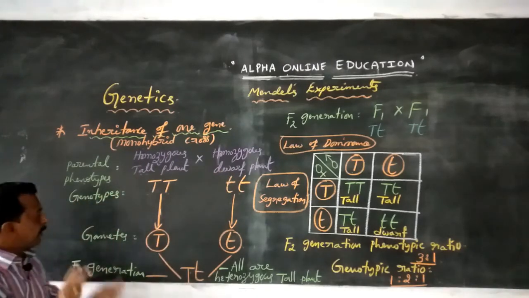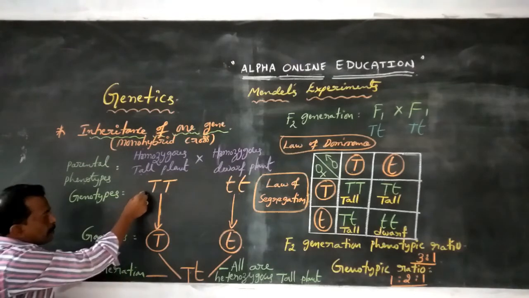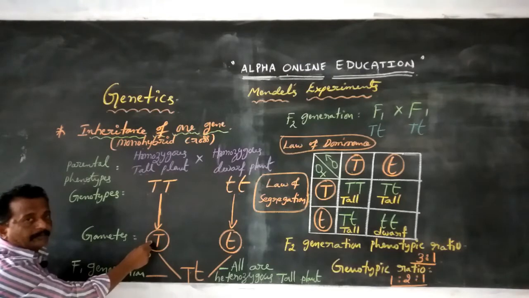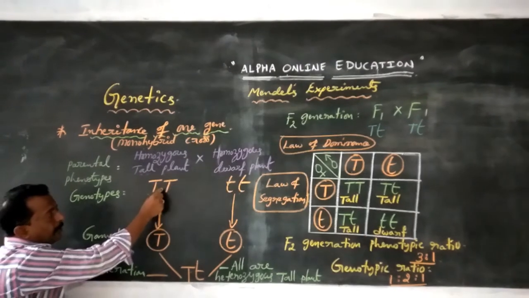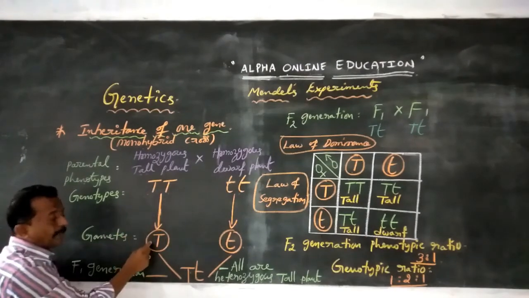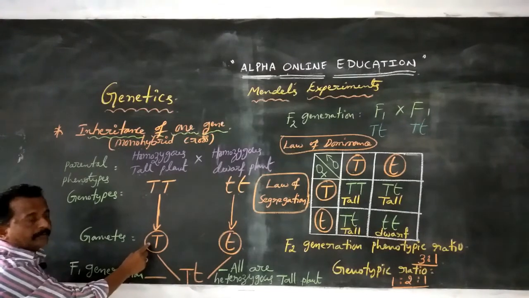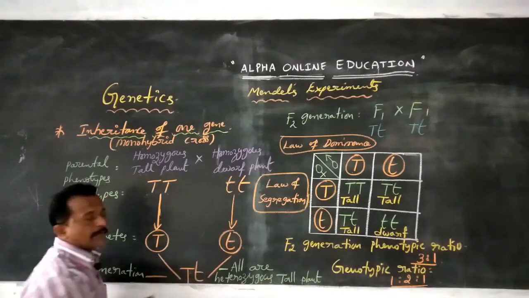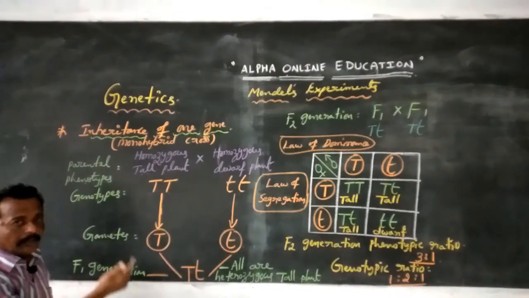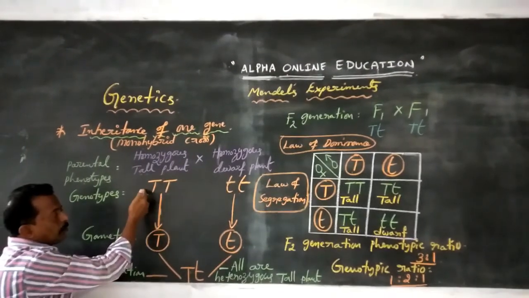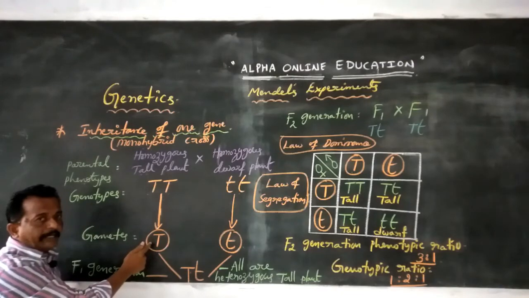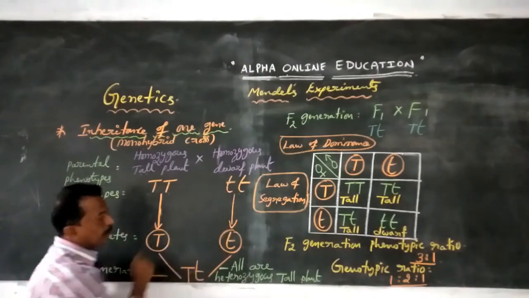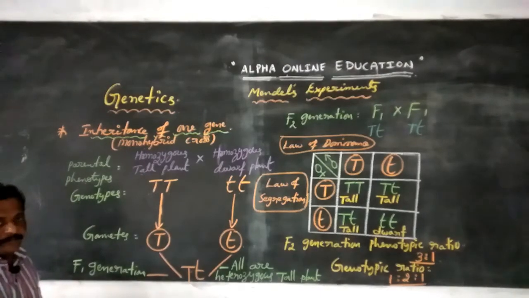Next, the capital T genotype carries one type of gamete, capital T, and the small t genotype produces small t gametes.